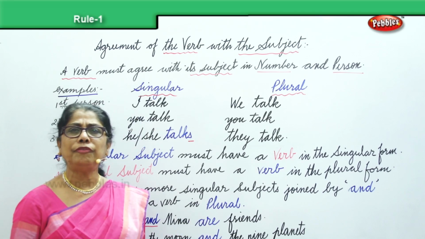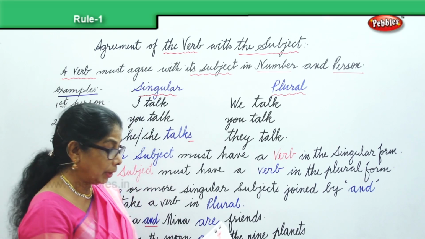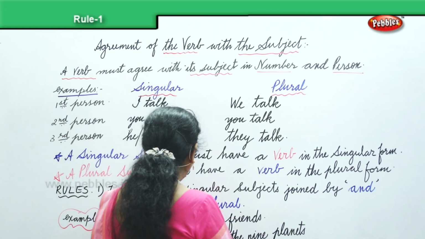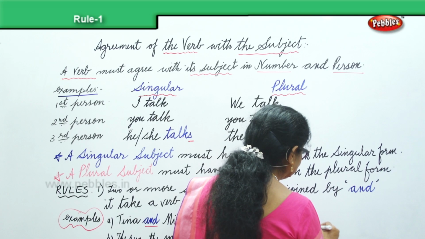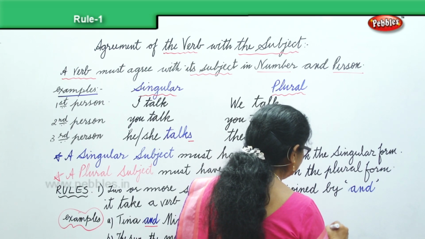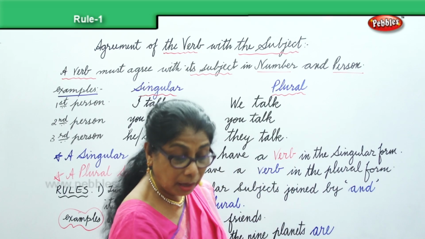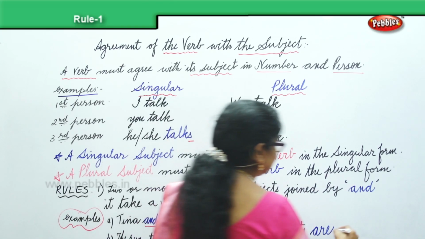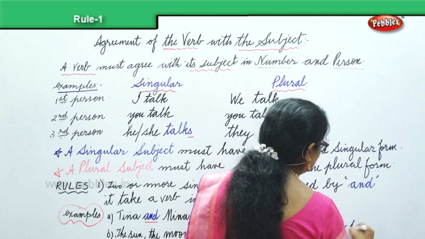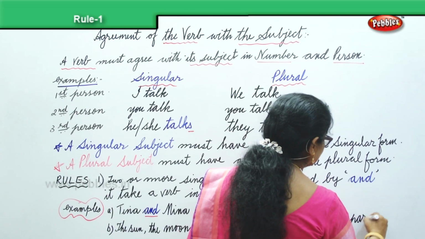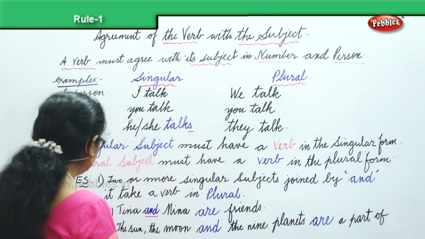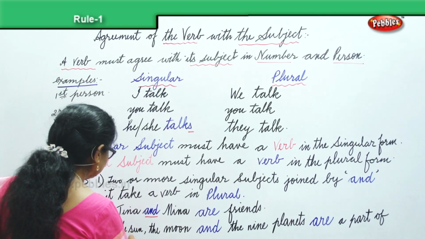It takes the plural form of verb. So, planets, what happens? You say are. Planets are. You use the verb in plural. Are a part of the solar system.